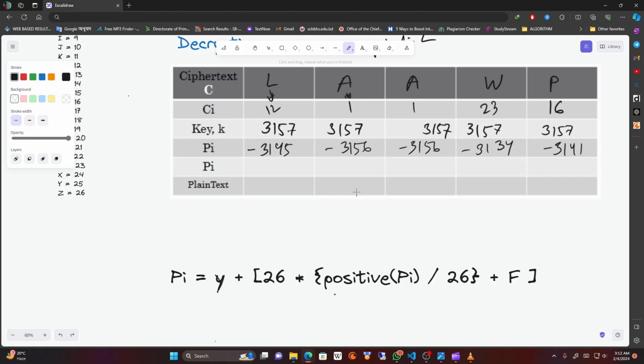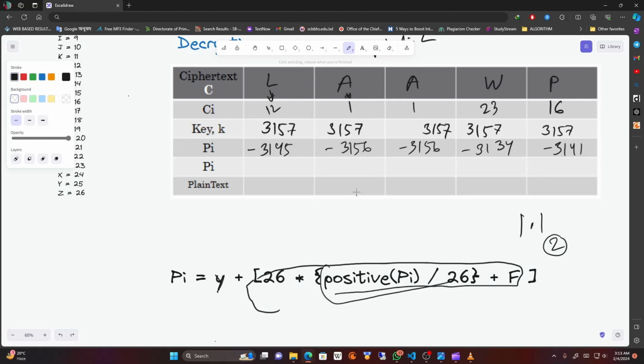For example, if we get 1.1, we'll count this as 2 in this position. If we get 3.99, we will count this as 4. This is why we write down plus f. And this y will be directly this P value.